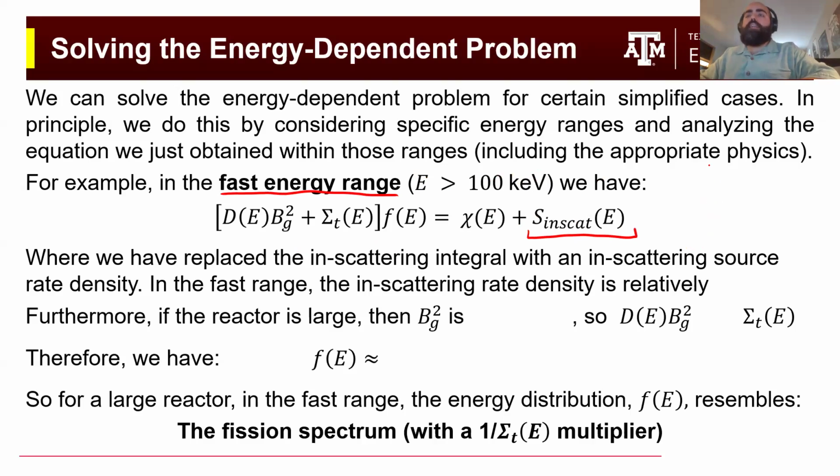The reason that we do this is because if E is a very high energy, above 100 keV, then we could probably make the argument that most, and recall that for a neutron to gain energy in a collision, it has to collide with something that's more energetic than it.